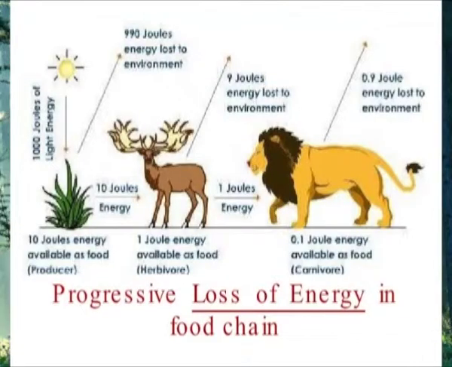The main reason for this loss is the second law of thermodynamics, which states that whenever energy is converted from one form to another, there is a tendency toward disorder, entropy, in the system. In biologic systems, this means a great deal of energy is lost as metabolic heat when the organisms from one trophic level are consumed by the next level.